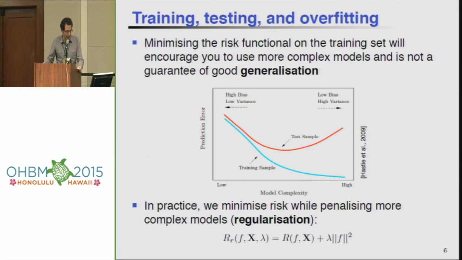R of f, the first term on the right-hand side of the equal sign, is your risk. This is your empirical risk. It's how well you do on the data. But you also want to balance this with how complex your model is. The notation is very abstract, but it's basically you take some kind of norm of your function that measures somehow the complexity, the number of parameters that you have.